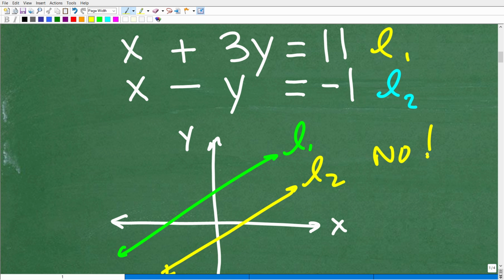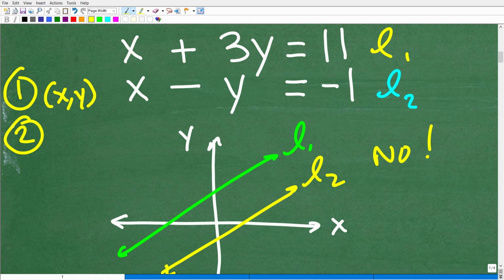So when you're dealing with two variable linear systems, there are basically three possibilities. Of course, you don't know which one you're going to have. The first is you can have a specific XY point of intersection. That would be the solution to the system. The second situation is no solution, like in this situation, because the lines are parallel to one another.